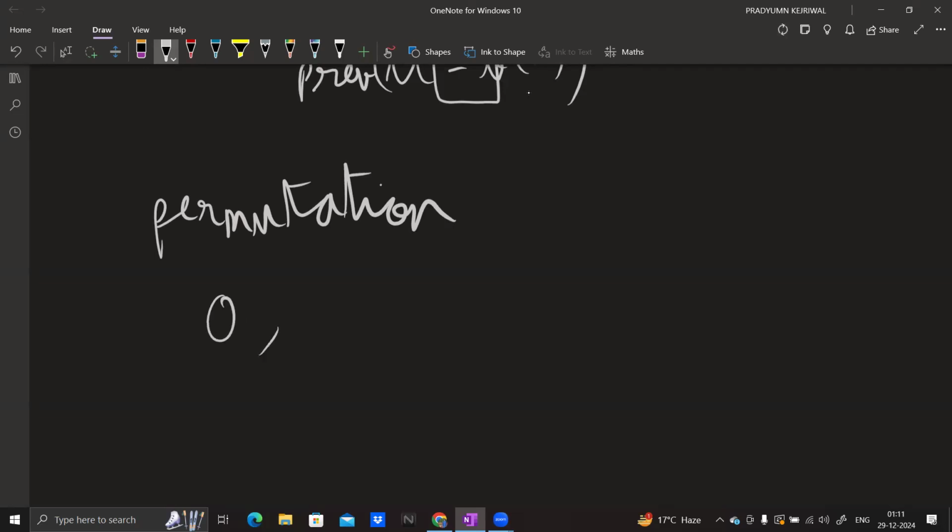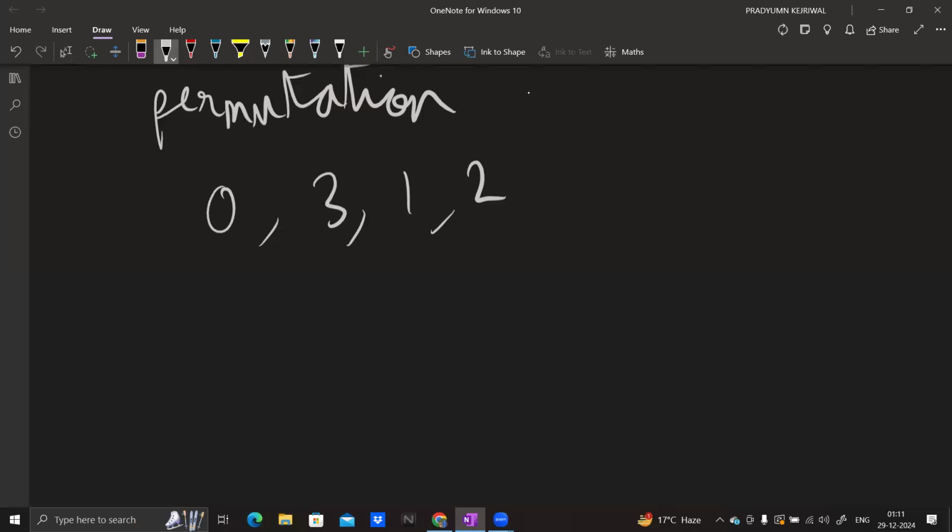If you guys have heard of inverse permutation, something called inverse permutation just stores where each element is. Let's say I have this permutation 0, 3, 1, 2. So the inverse of it would be just the position array.